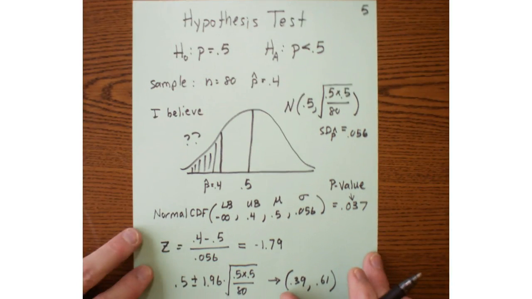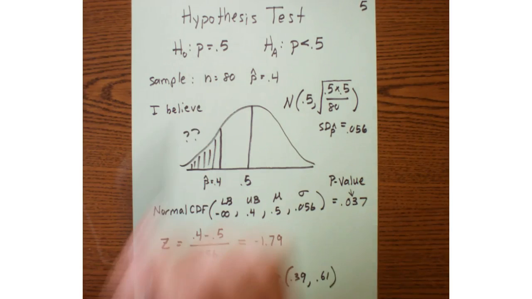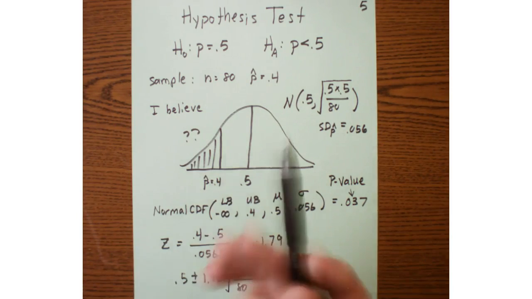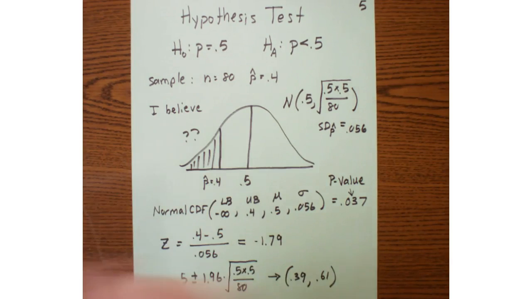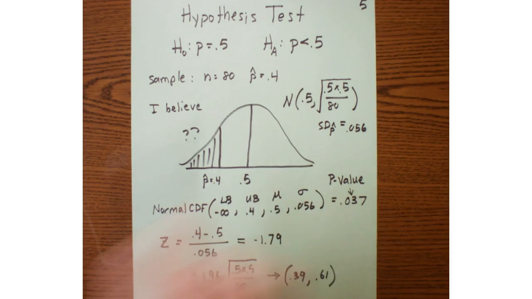So my hypothesis test looks something like this to begin with. My null hypothesis is always a statement about the population. In fact, both the null hypothesis and the alternate are. But my null always says something is equal to something, so my proportion is equal to 0.5. My alternate says that the proportion is less than 0.5. My sample had a size of 80 and a p-hat of 0.4.